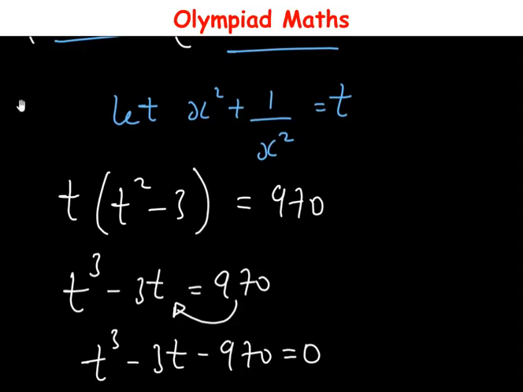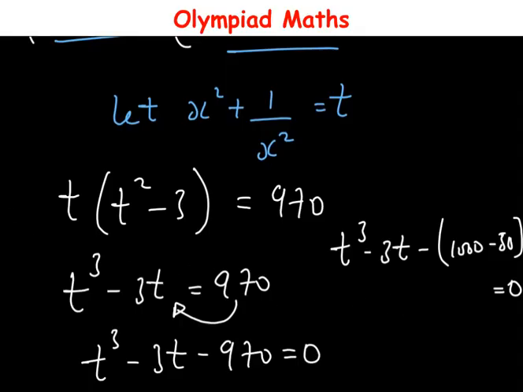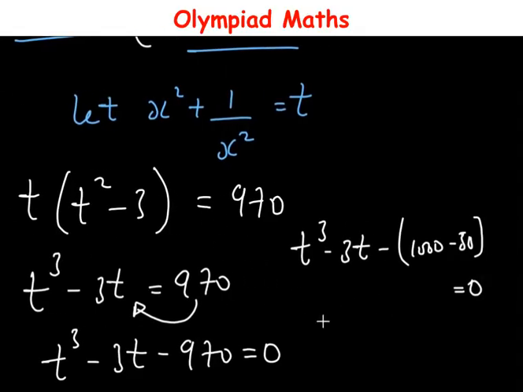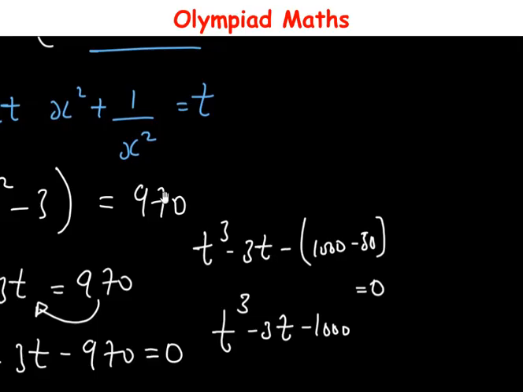From here, we can express t raised to the power 3 minus 3t minus 970 as t raised to the power 3 minus 3t minus (1000 minus 30), and this equals 0. So with this, we have t raised to the power 3 minus 3t minus, we open the bracket, minus times 1000 is minus 1000, and minus times minus 30 gives us plus 30, and this equals 0.